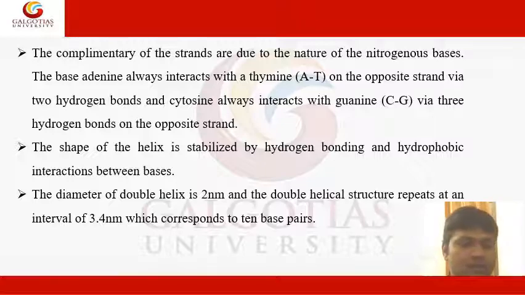The shape of the helix is stabilized by the hydrogen bonds and hydrophobic interactions between the bases. The diameter of the double helix is 2 nanometers and the double helical structure repeats at an interval of 3.4 nanometers, which has around 10 base pairs.